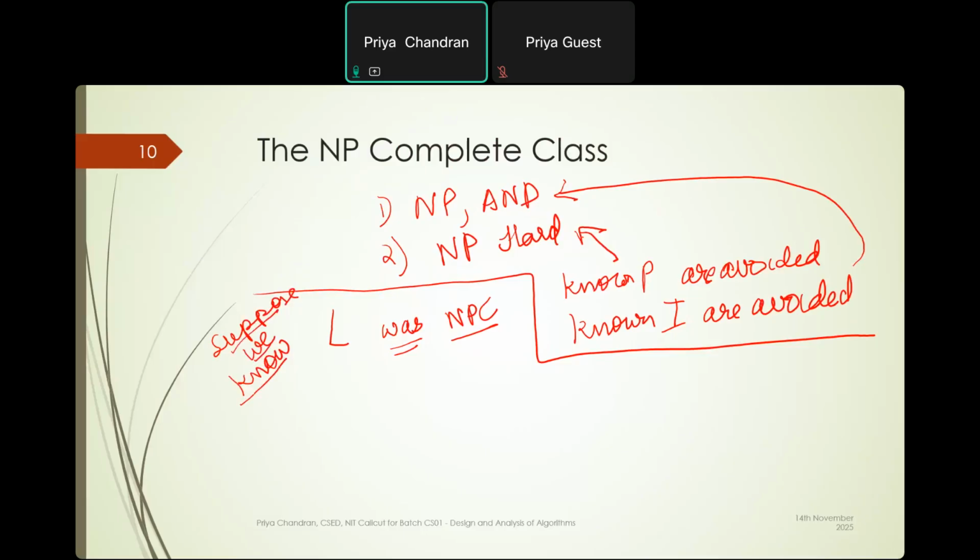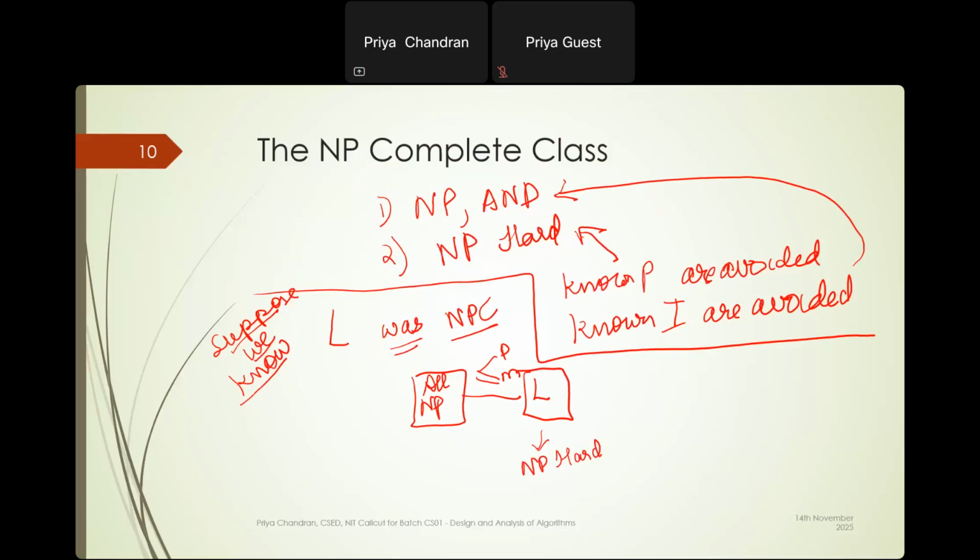It has a lot of implications, right? Because that would mean that all NP problems would have a polynomial time reduction to L, the reason being that it is NP hard.